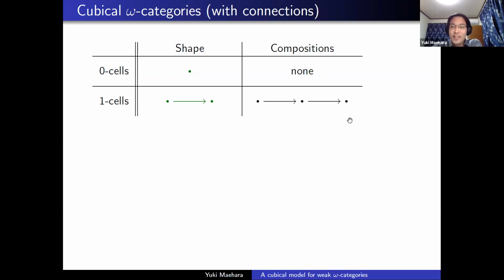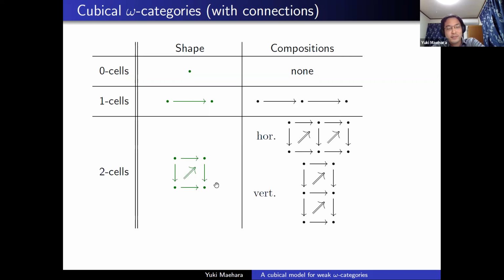So up to here, everything is the same. But now the two cells should be shaped like the two-dimensional cube, which is a square. Here's what a typical two cell would look like. Again, you can compose these things in horizontal and vertical directions, but this time, both of these compositions are along a common one cell.